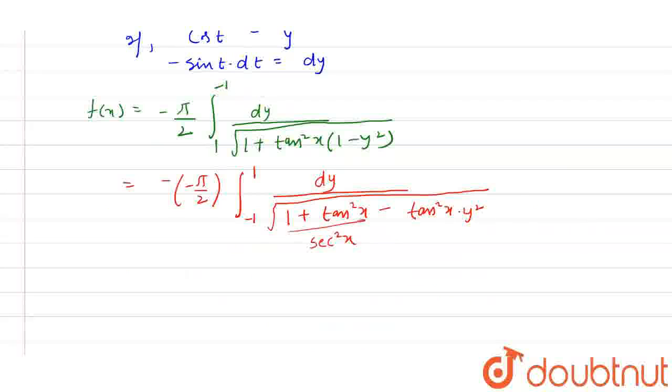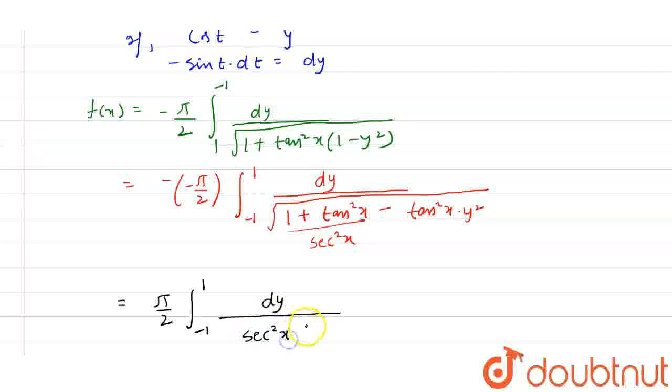So now this can be written as pi by 2 integration limit minus 1 to 1 dy upon root sec square x minus tan square x into y square.